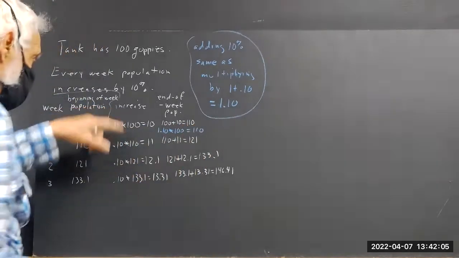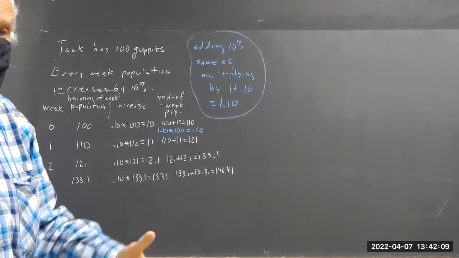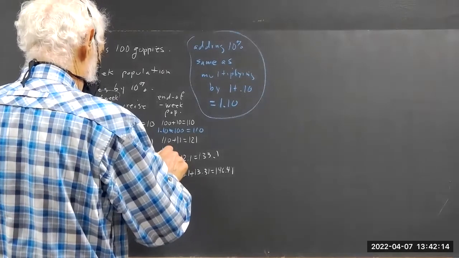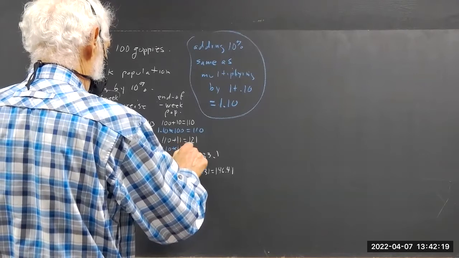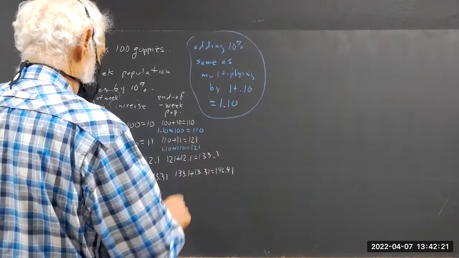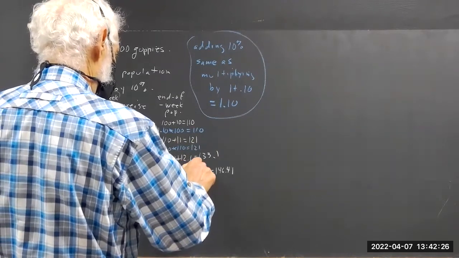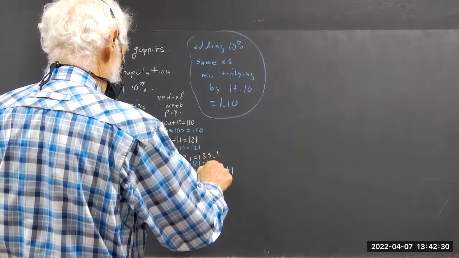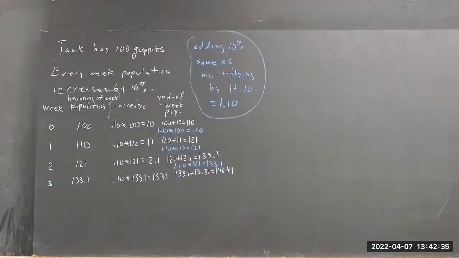And here, instead of doing this step, we don't have to calculate the increase. This would be 1.10 times 110, which is 121. This would be 1.10 times 121 equals 133.1. Okay. There's still another way to write it.